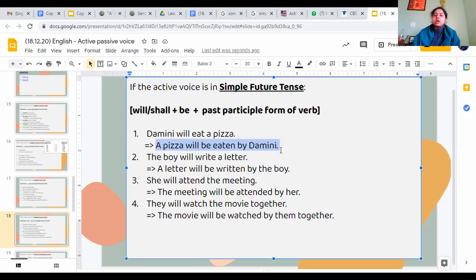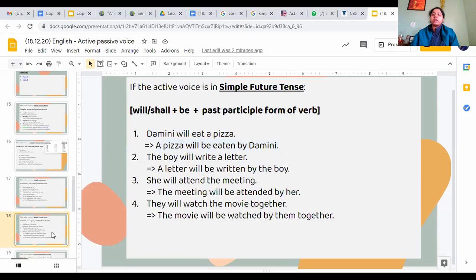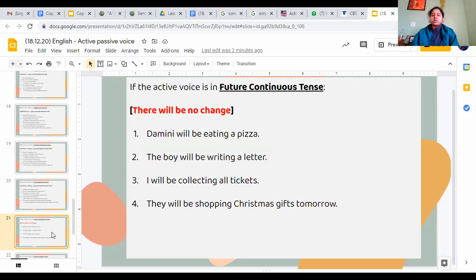So that means if I'm trying to convert it, मेरे को difference कैसे पता चलेगा कि मैंने simple future tense का किया या future continuous का किया? So there will be no difference. It is not possible to convert future continuous tense. उसको convert करेंगे तो it will come back to the same form as simple future tense, which means there will be no difference. So it doesn't make sense. That's why future continuous tense को हम change ही नहीं कर सकते.